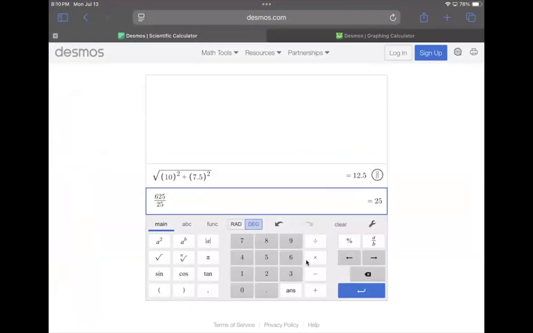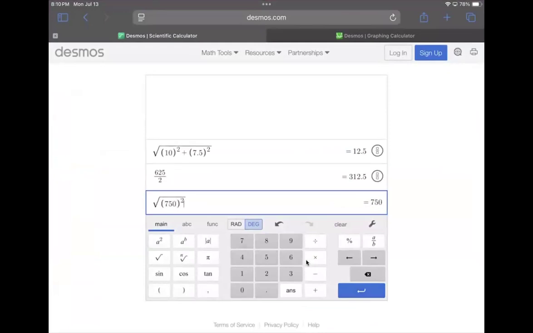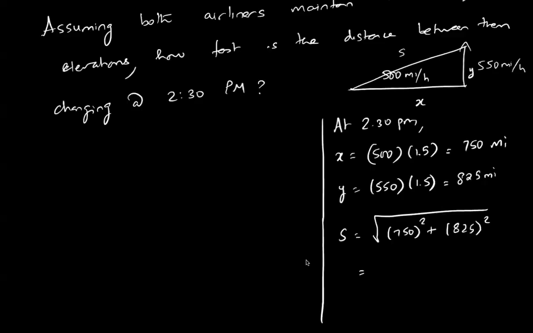So I have the square root of 750 squared plus 825 squared. So that is around 1115. Okay, 1115. So this is approximately 1115 miles.